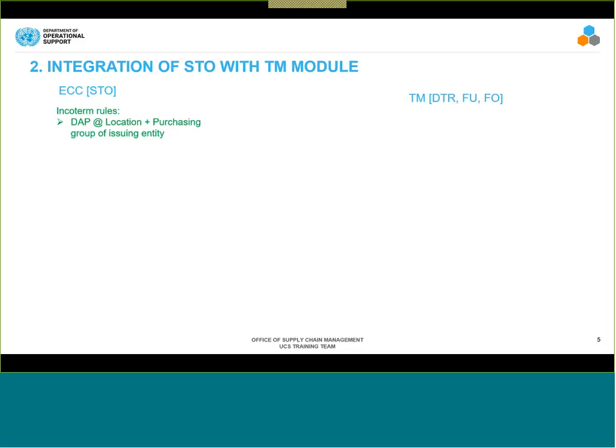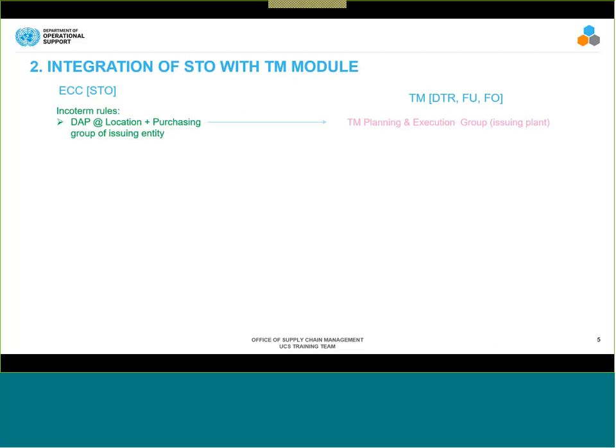So DAP and purchasing group of the issuing entity will mean that it is the issuing entity who is going to be in charge of planning the routes and the legs of the materials to be transported between missions or in a mission, intra-mission.